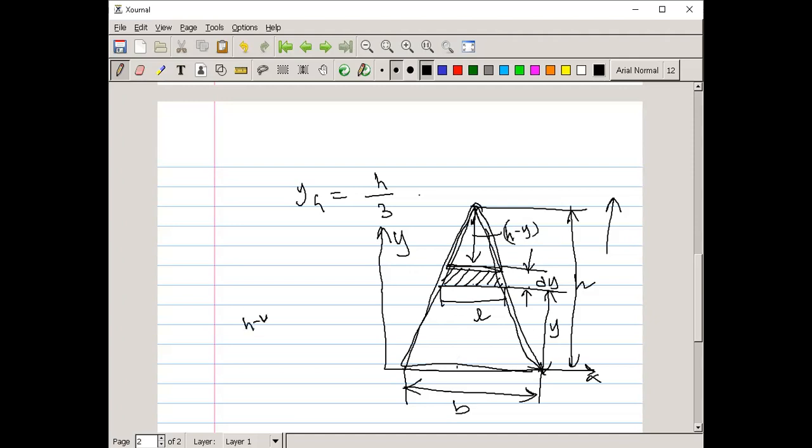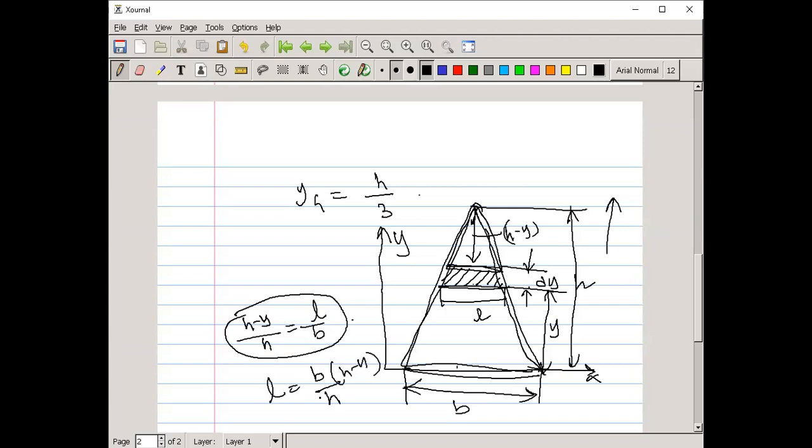So (h minus y) by h is equal to, along x, this is L and this is B, so L by B. From the similar triangle we can write this, and from here we can find L is B by (h minus y).